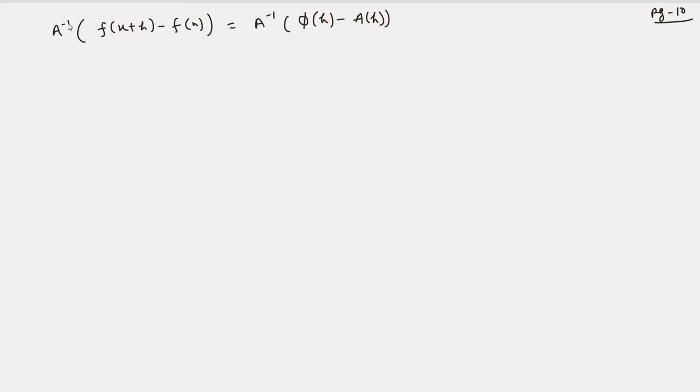This is equal to A inverse times A, which is the identity, so this is h plus A inverse of phi of h. And here let y1 equal f of x plus h and y equal f of x.